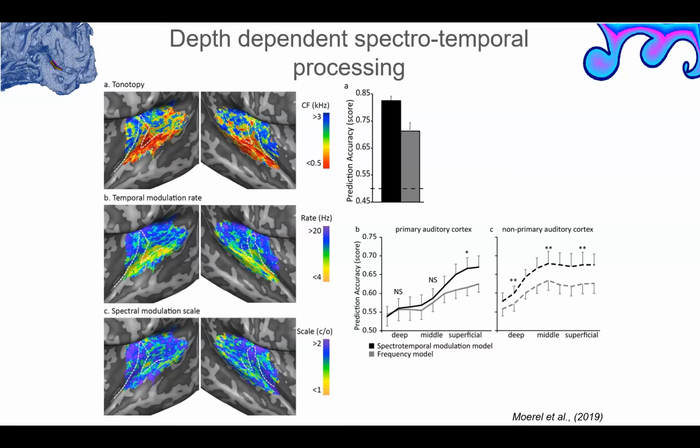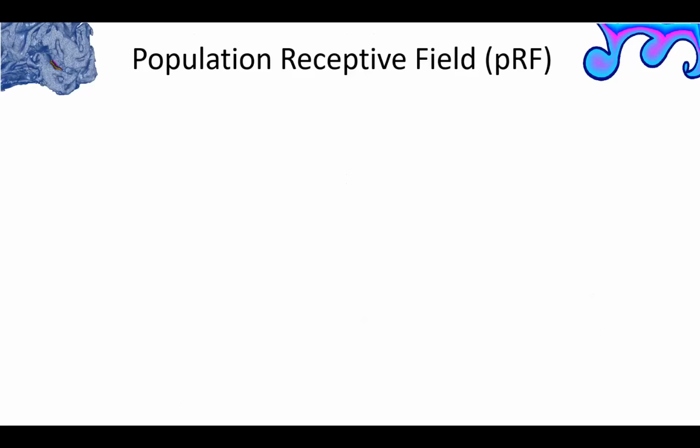She observed that in primary auditory cortex, these models only differed significantly in the outer layers, while if you move outside of the primary auditory cortex, then you get differences in deep, middle, and superficial layers. Read the paper, it is really cool, especially if you care about modeling and auditory stimulations and auditory organization.